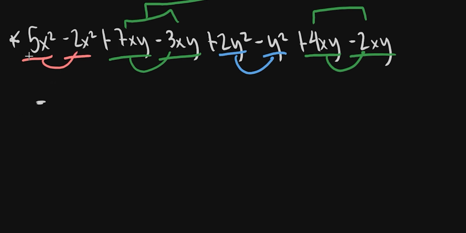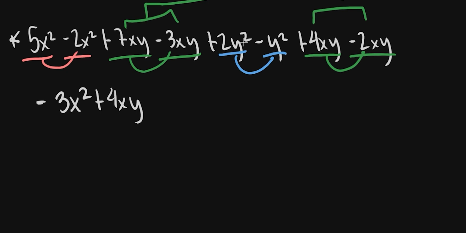So 5x squared minus 2x squared would result to 3x squared. 7xy minus 3xy would result to 4xy.